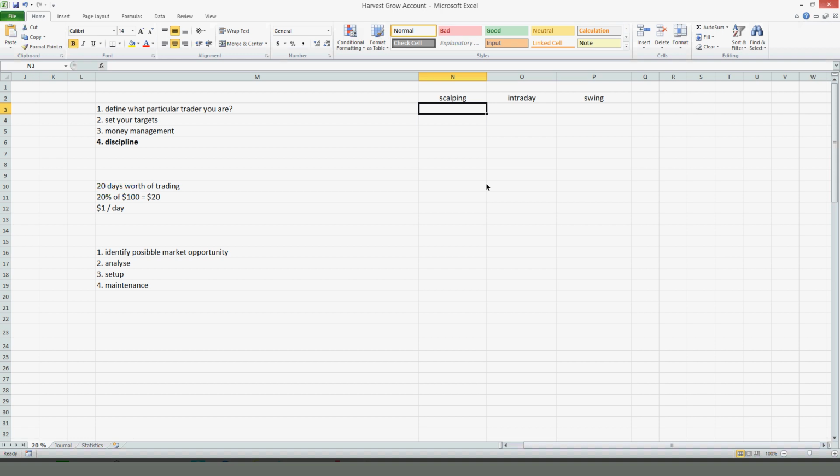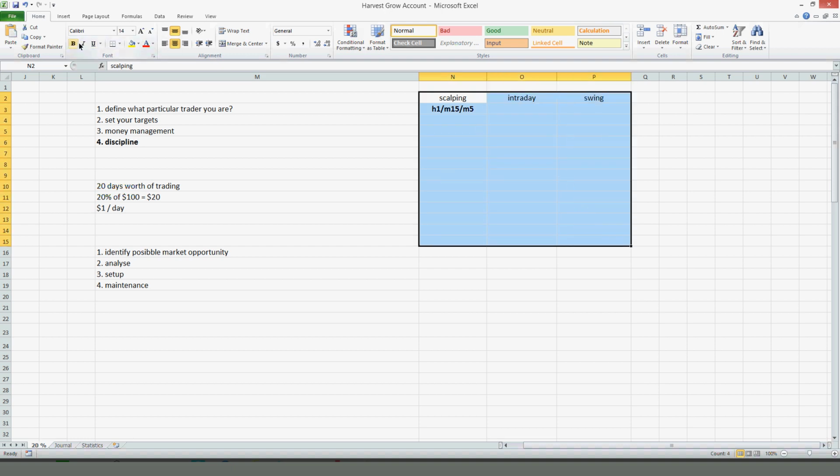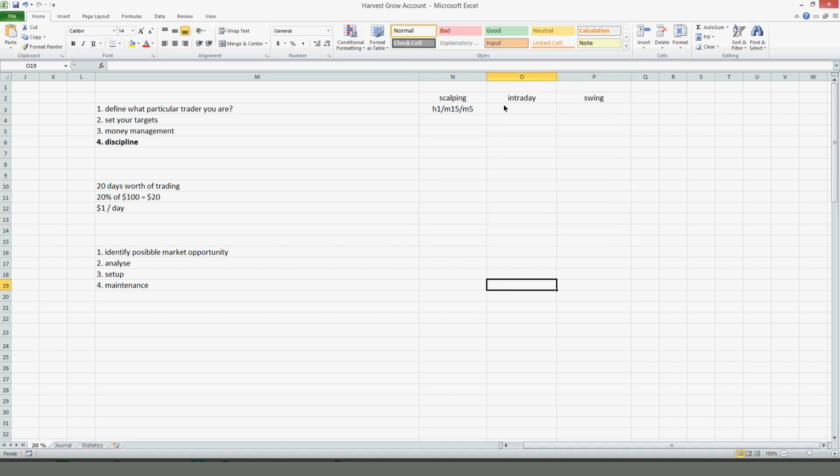If I was doing scalping, I would probably look at H1, M15, and M5. These are the time frames that I should use to do scalping. If I was going for intraday, then I would go for H4, H1, and M15.